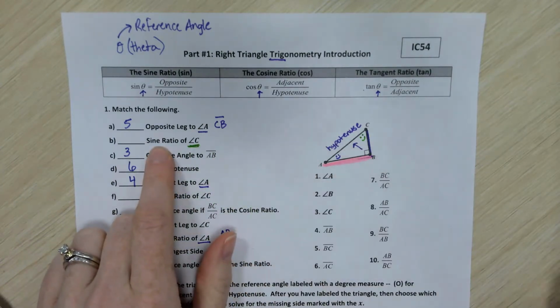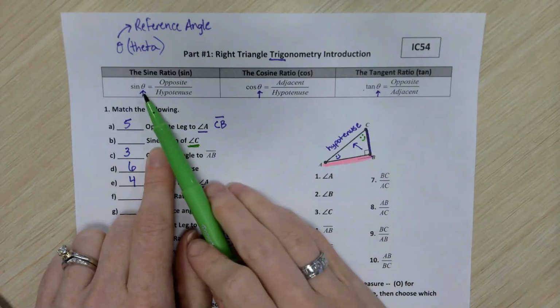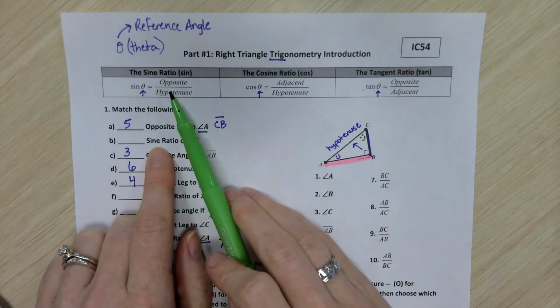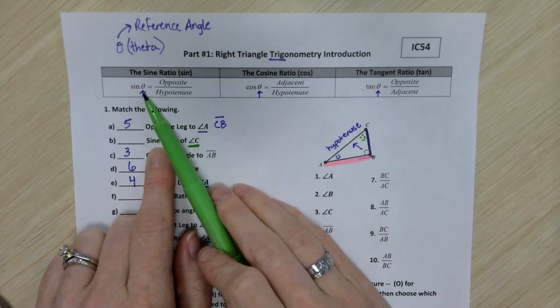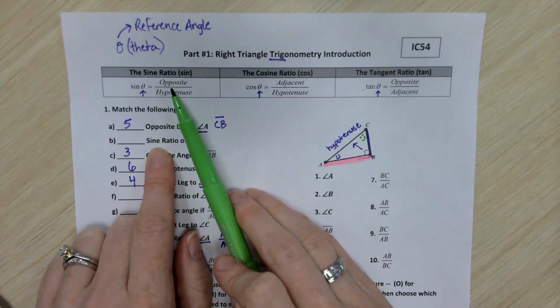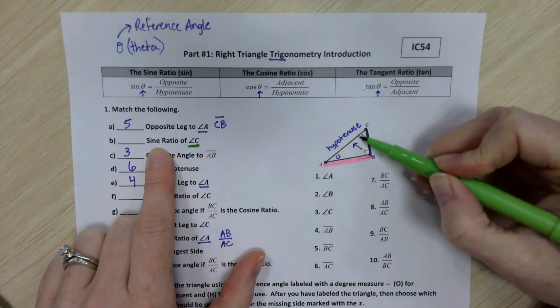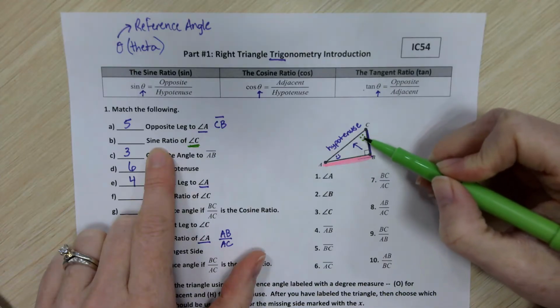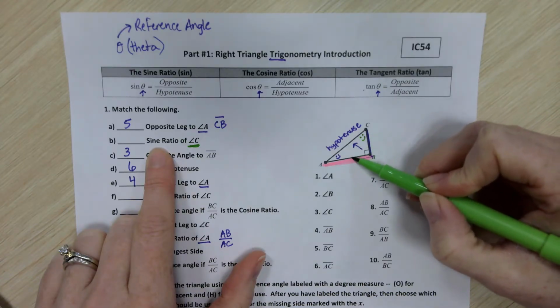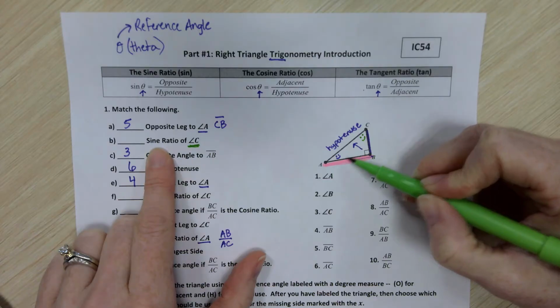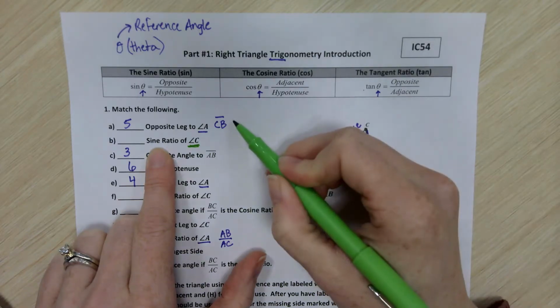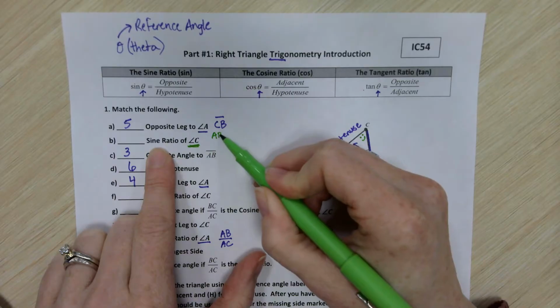This one is asking me for the sine ratio. So if I go check out my information at the top, the sine of theta is supposed to be the opposite side over the hypotenuse. So if this angle C is our new reference angle, the opposite side is going to be away from angle C, between A and B. So that will be the numerator.